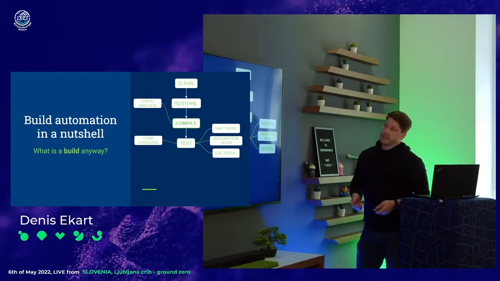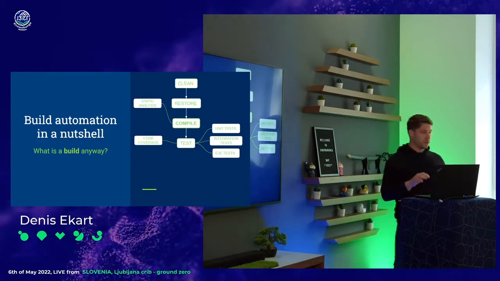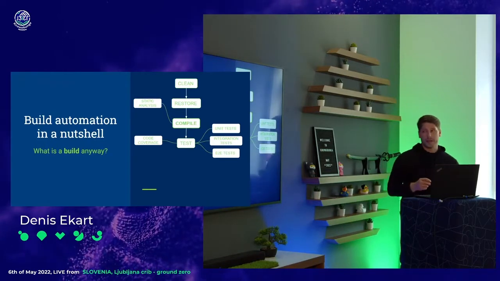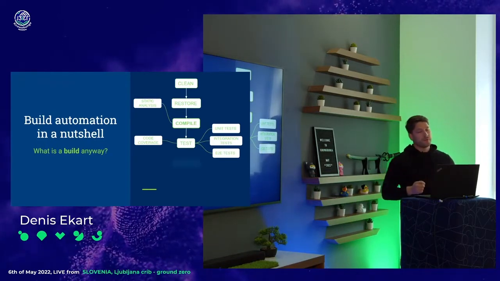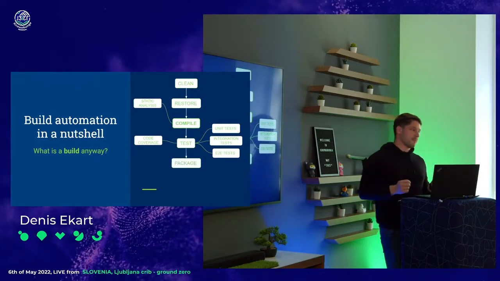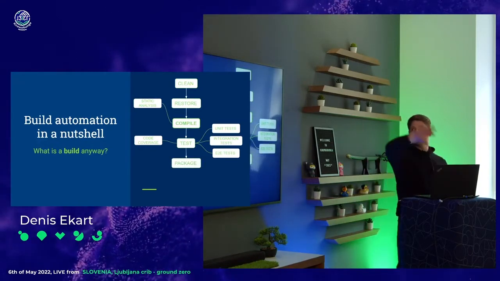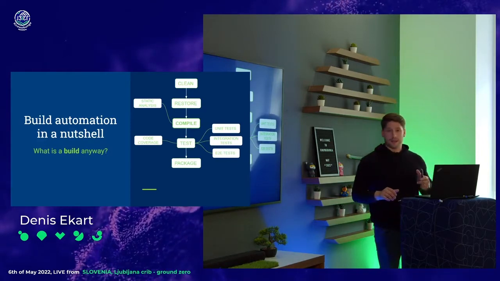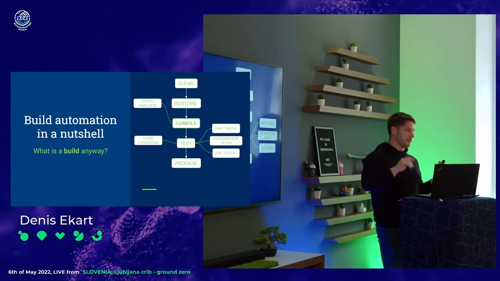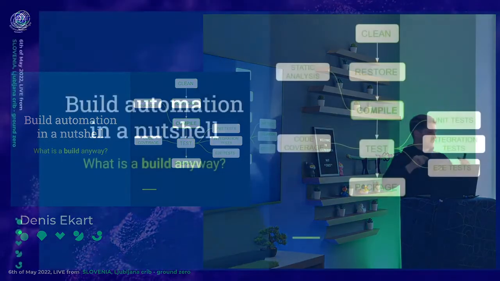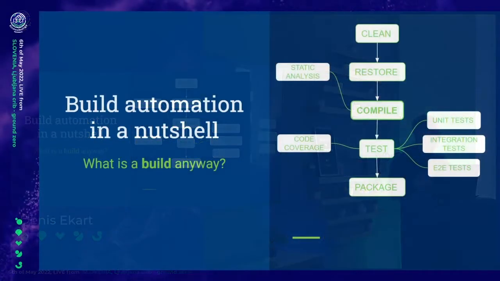But after the code is tested, after it's compiled, after we know that the product works the way it should, it's time for packaging. This is the step that produces the main artifact of this entire build workflow. A package can be an application, a zip file, or even a Docker image.